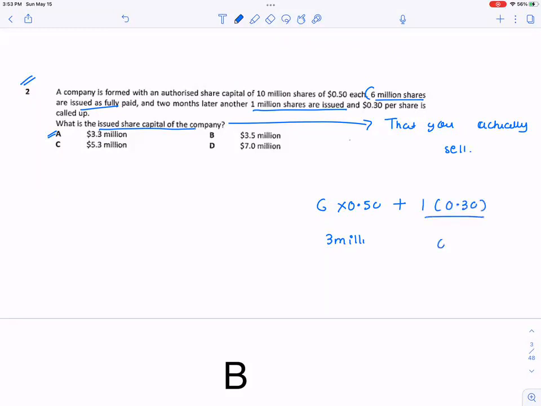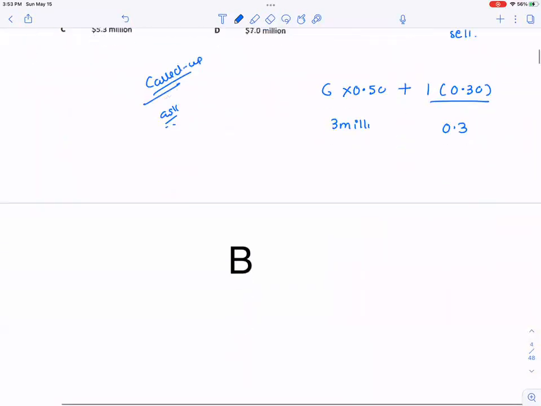So the answer is 3.3. Just remember, when you put the issued share capital, only the amount that you have called up, meaning you have asked the people to pay, is added over here. Am I clear?